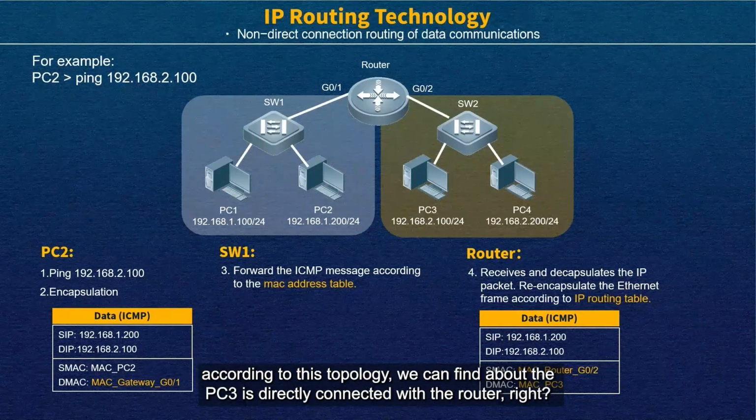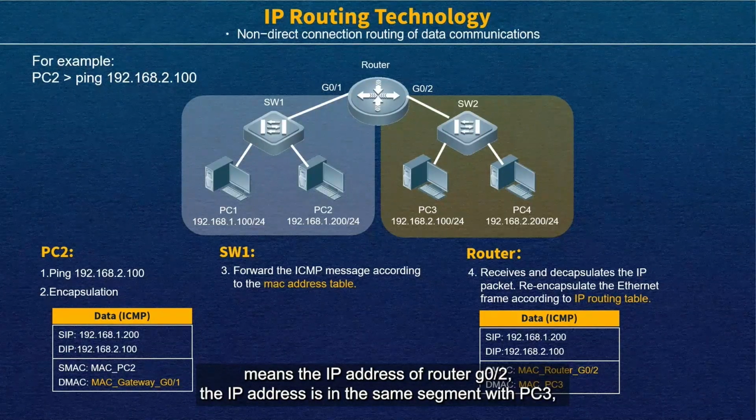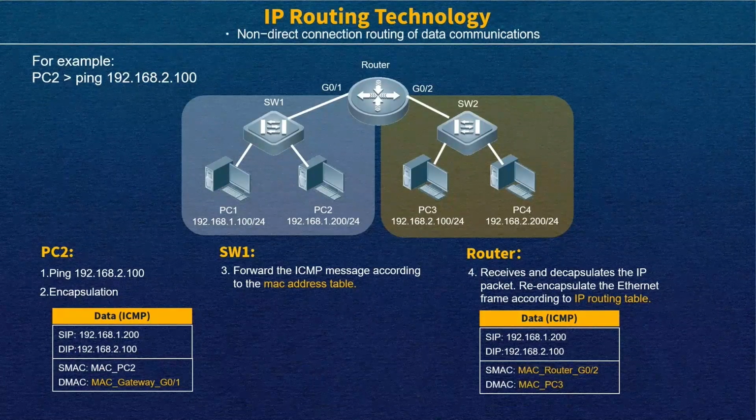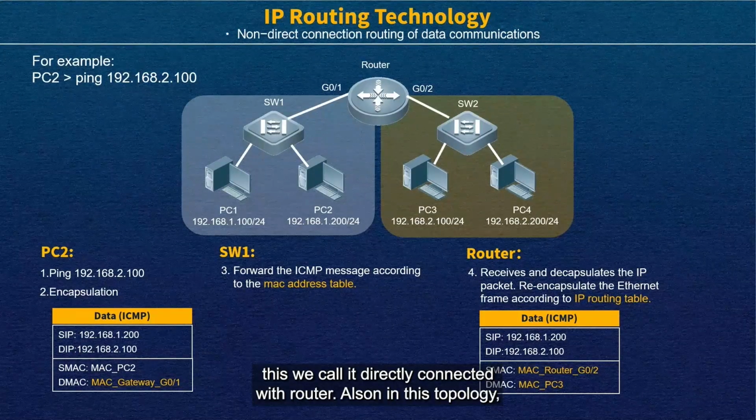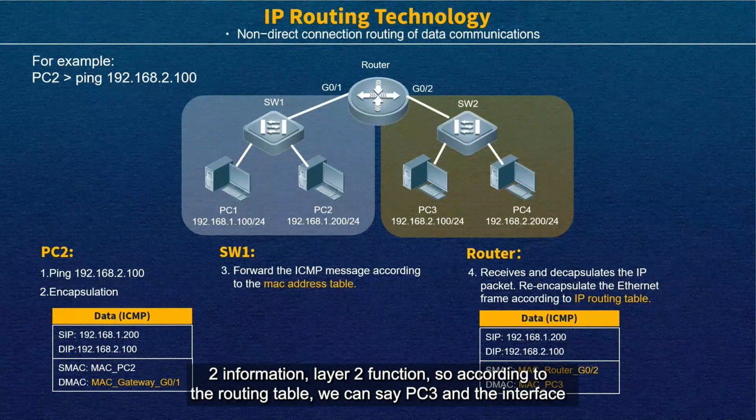But according to this topology, we can find that PC3 is directly connected with the router, right? And pay attention to this description. Directly connected with the router means the IP address of router Gigabit 0/2 is in the same segment as PC3. We call this directly connected, although in this topology there is a Switch 2 between PC3 and the router. But Switch 2 only provides layer 2 functions.